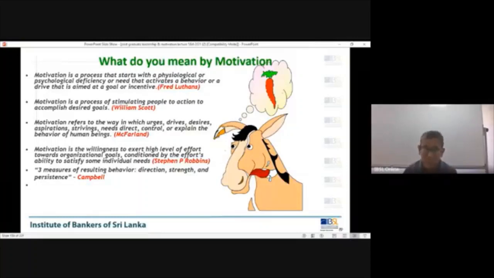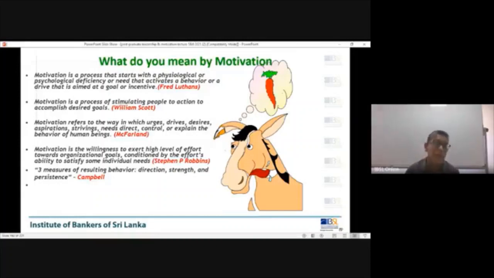As I usually use a lot of definitions, here also I'll give you some definitions developed by people who have done a lot of research about motivation. Fred Luthans said motivation is a process. Process is a series of activities.